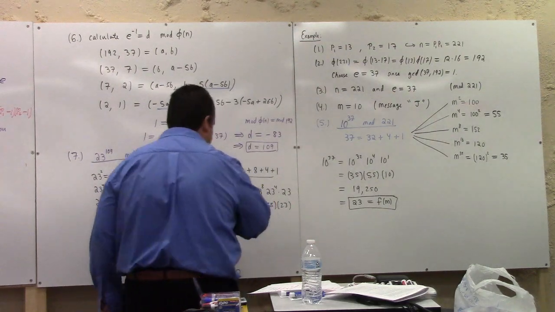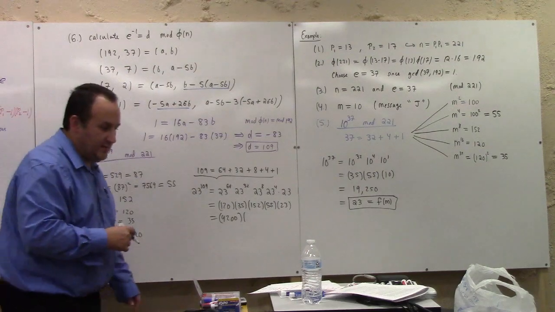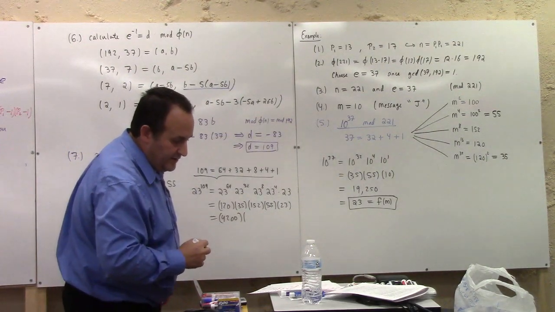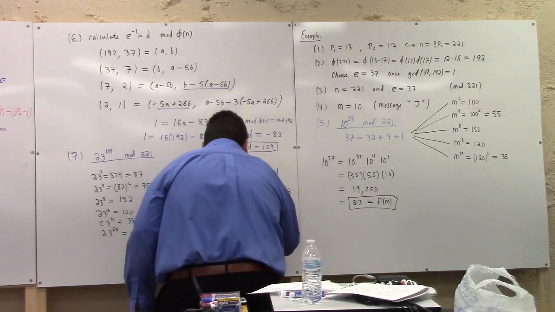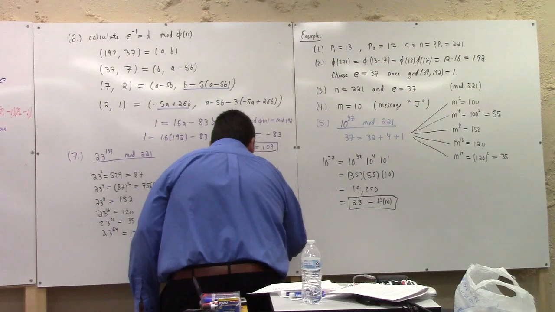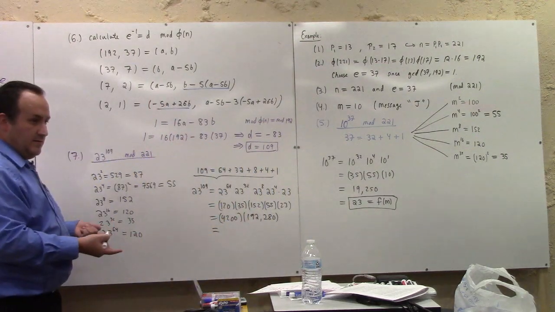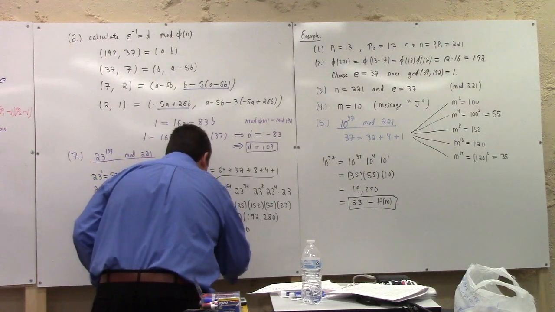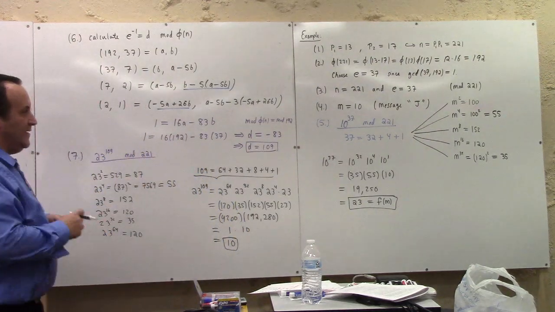Resist the temptation to multiply these all out. Treat them a little bit at a time, in bite-sized pieces. The other one is 192,280. Now for me, these I can handle with my calculator. The first one is congruent to 1. The second one is congruent to 10. We get 10. We have discovered the message is 10.